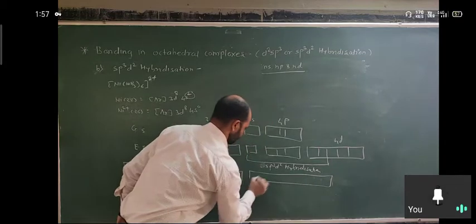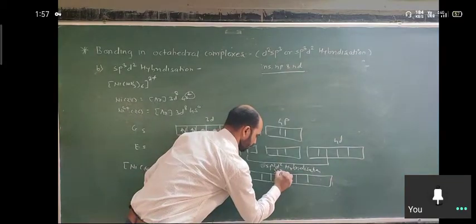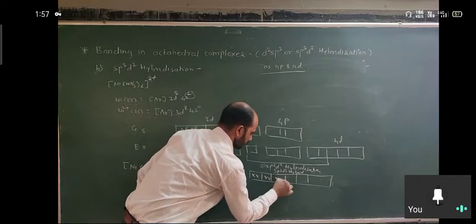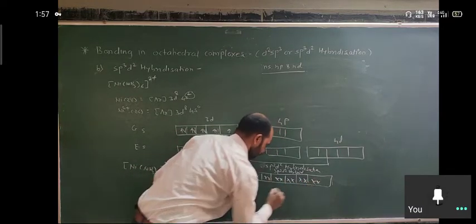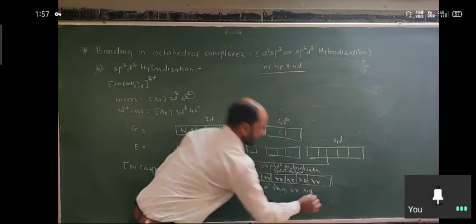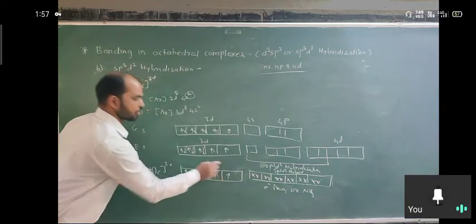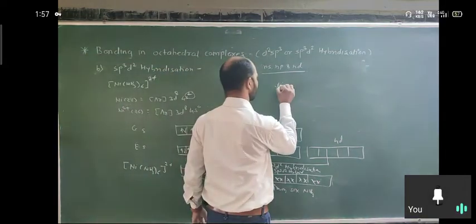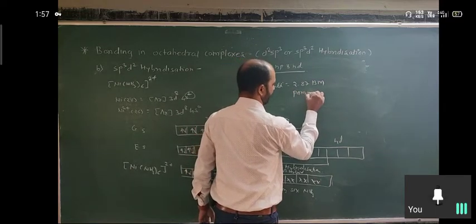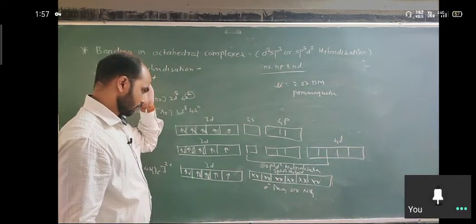This is a set of 6, called sp3d2 hybrid orbitals, and you can represent the electrons here from the 6 NH3 ligands. There are two unpaired electrons, so mu is equal to about 2.92, or 2.87, Bohr magneton. It is paramagnetic and the structure is octahedral.